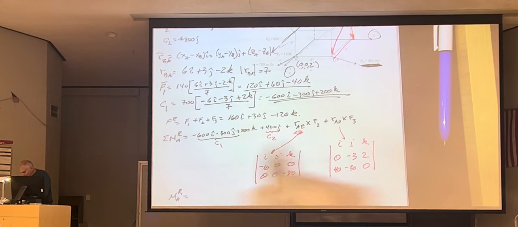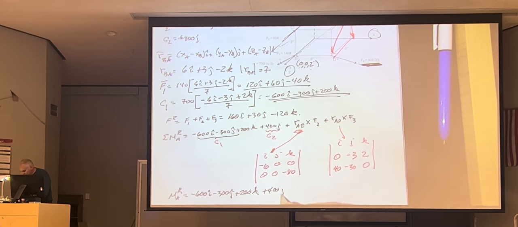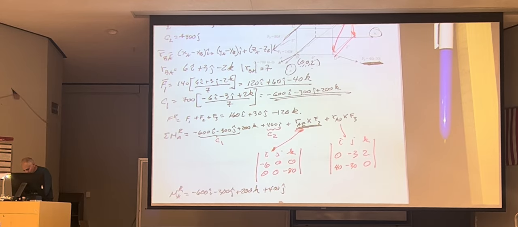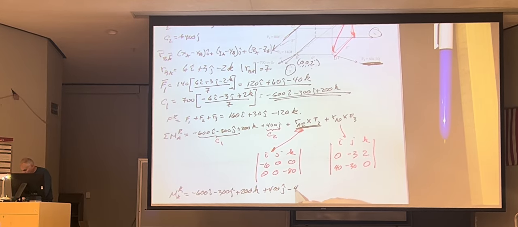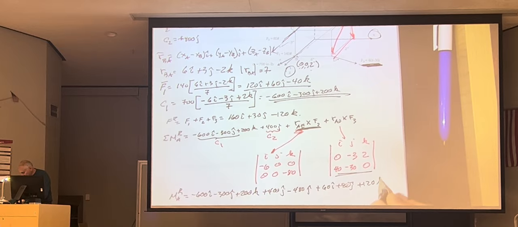If I do all this, I should end up, after I do everything, minus 600I, minus 300J, plus 200K, that's my C1, plus 400J, that's my C2. Then this guy is going to generate a minus 480J, and this guy is going to produce a plus 60I, plus 80J, plus 120K.